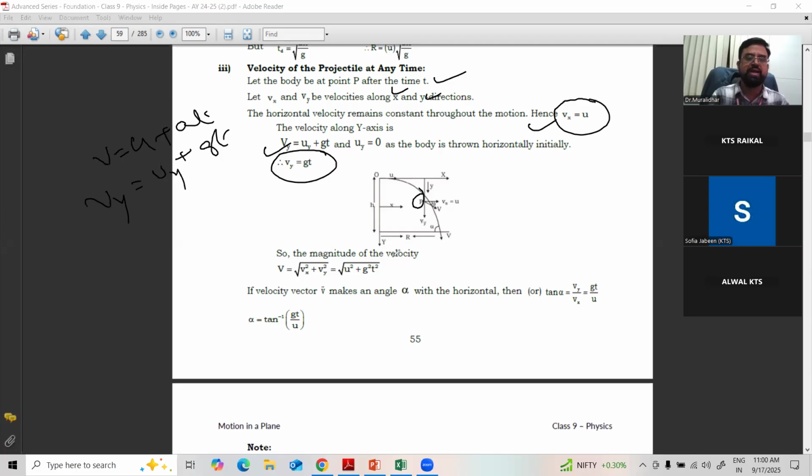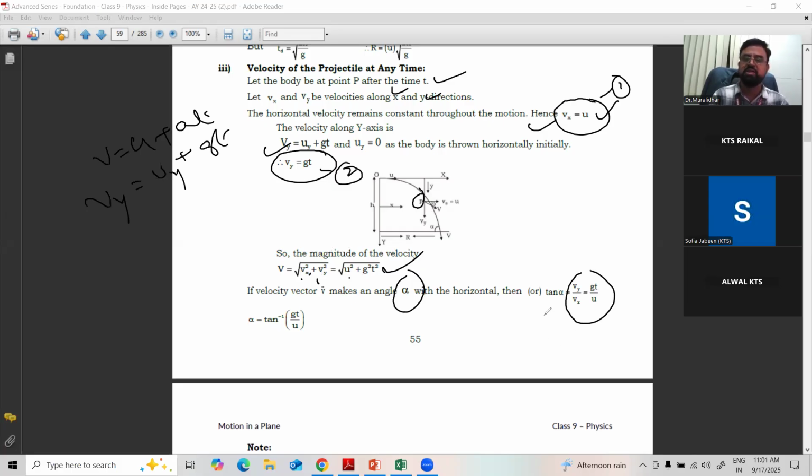So the magnitude of the velocity is nothing but under root of Vx square plus Vy square. Vx square is nothing but u square, and Vy square is nothing but g square t square. Substituting these values, we get this formula. If the velocity V makes an angle alpha, tan alpha is equal to Vy by Vx, that is gt by u.